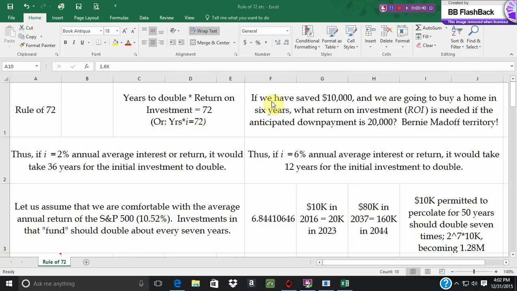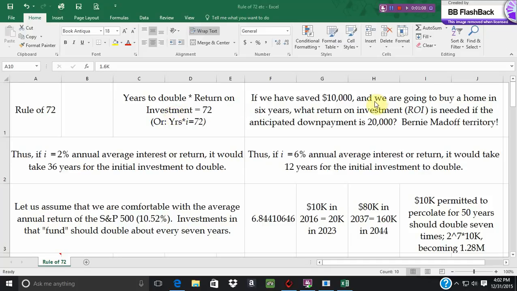Basically, this is a mathematical formula that says if you know your interest rate of return or you know your desired years to double an investment, you know how quickly. Say I've got $10,000 now, I want it to grow in an investment in 6 years to become $20,000.